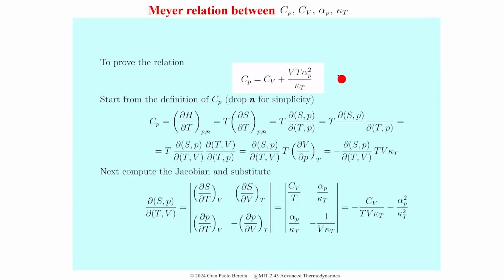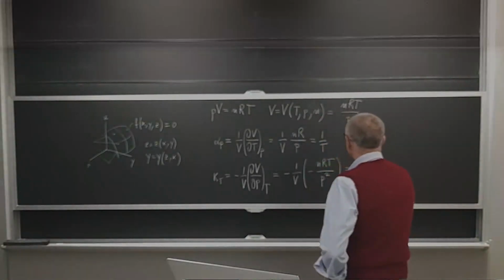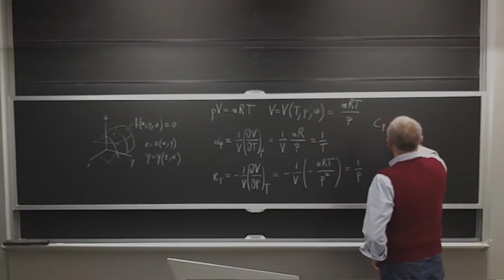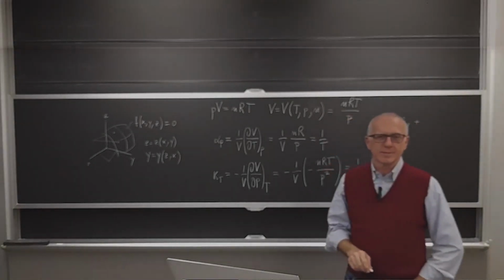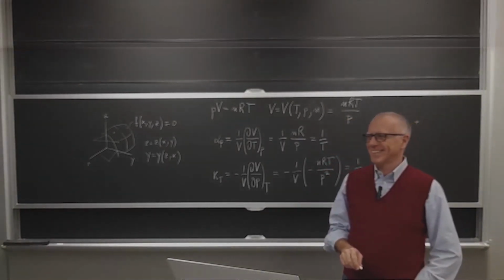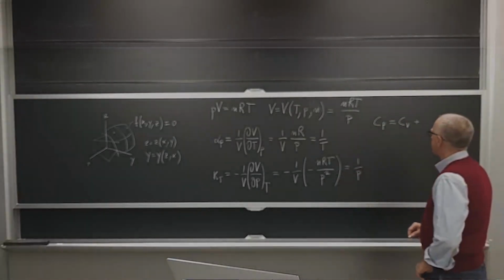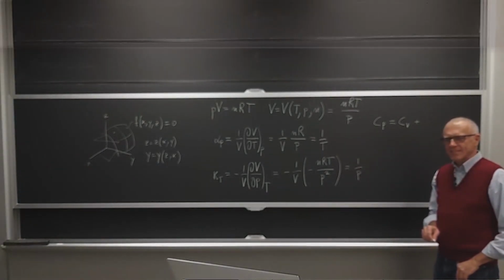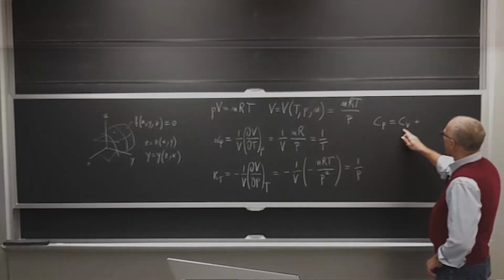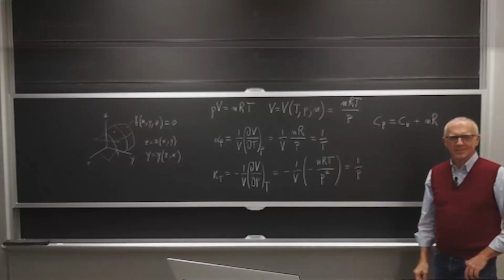Okay. So what's the Mayer relation for a gas? What's the relation between Cp and Cv for the ideal gas? How about R, the gas constant?